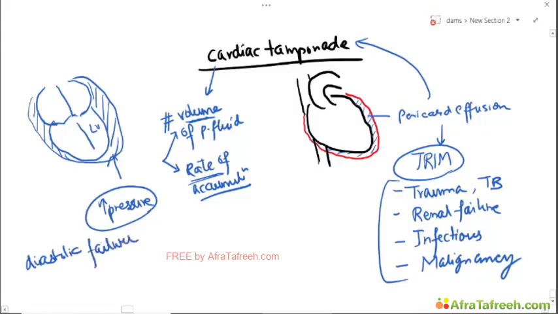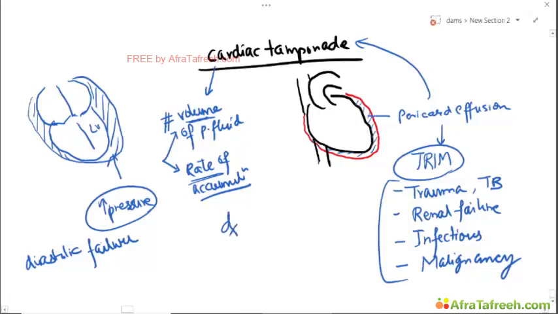There would be less blood entering from the venous circulation into the ventricular cavity, and hence less blood will be able to go from the ventricles to the main vessels, including the aorta and, for that matter, the pulmonary artery as well. So this is the main pathophysiology of cardiac tamponade.